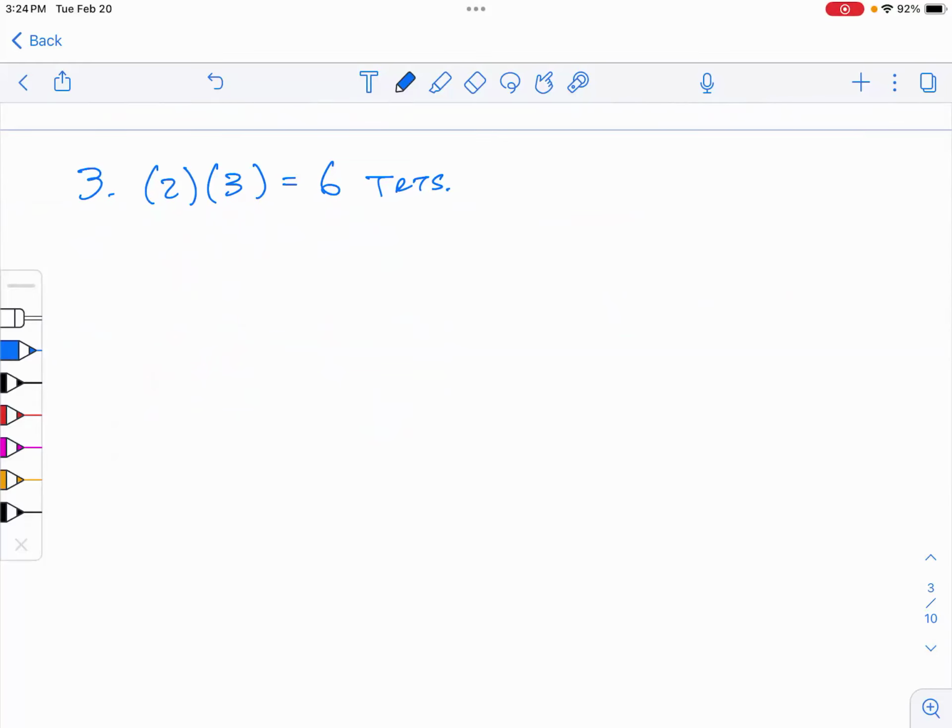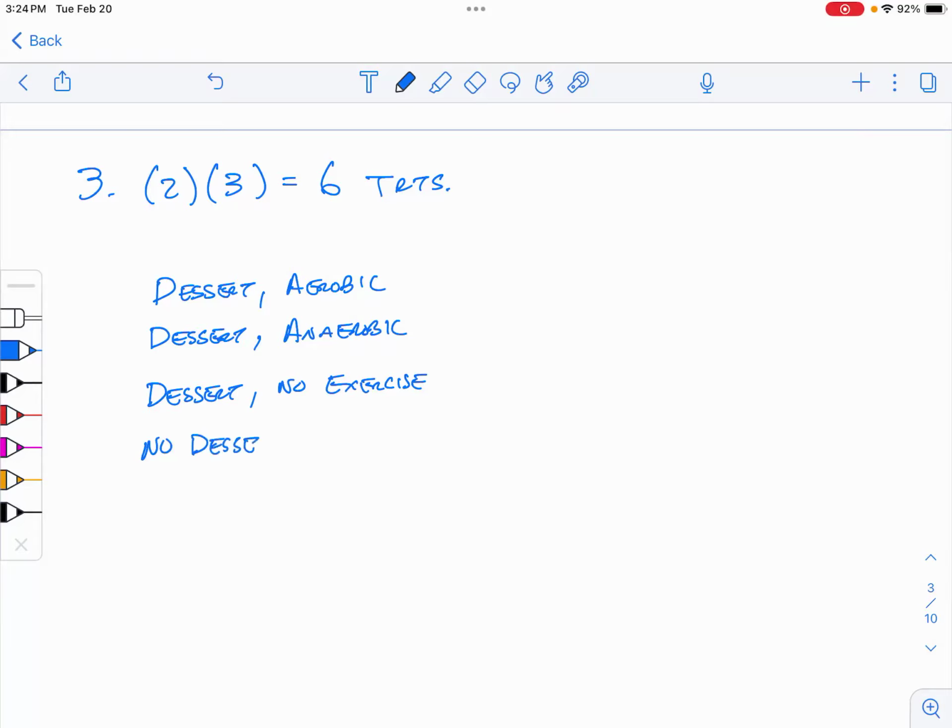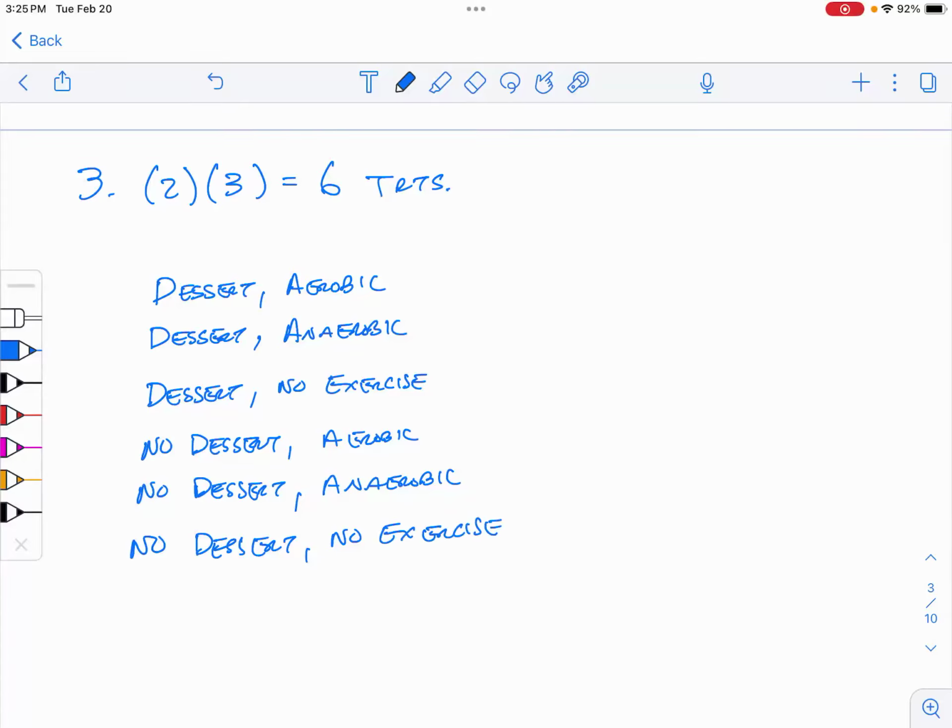And for completion, I want to list them all just so we can see them clearly. So in order to count them, multiply the number of levels of each factor.